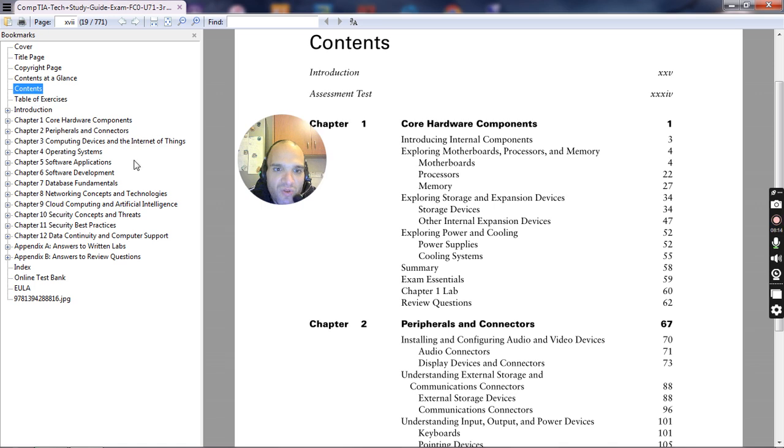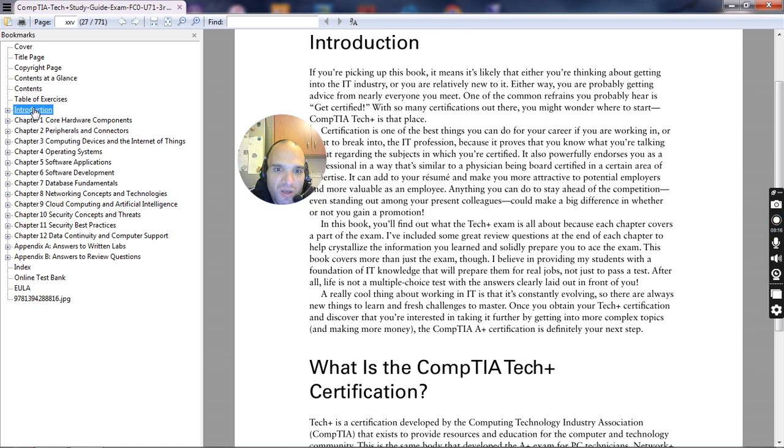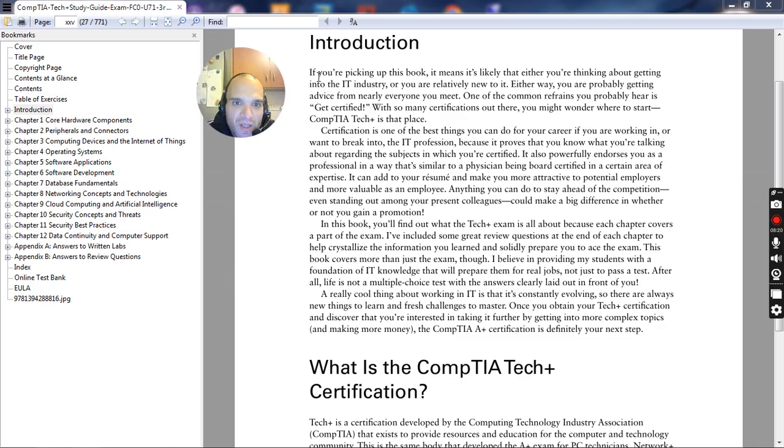So a few words about CompTIA. If you are picking up this book, it means it's likely that either you are thinking about getting into the IT industry or you are relatively new to it. Either way, you are probably getting advice from nearly everyone you meet.